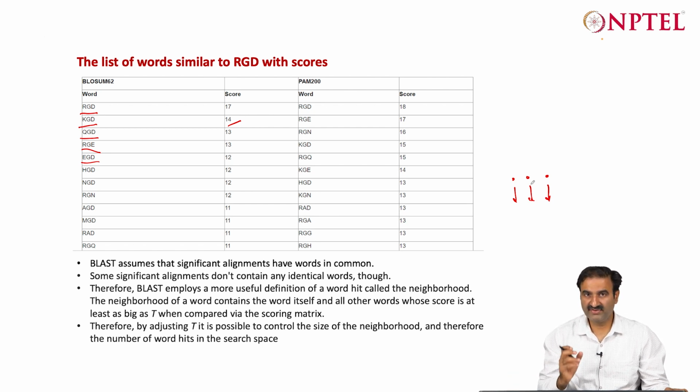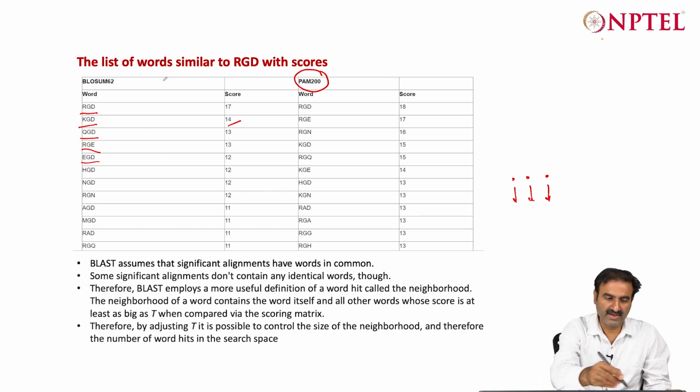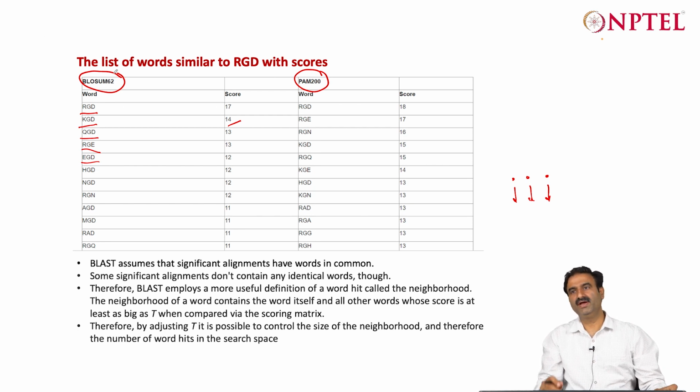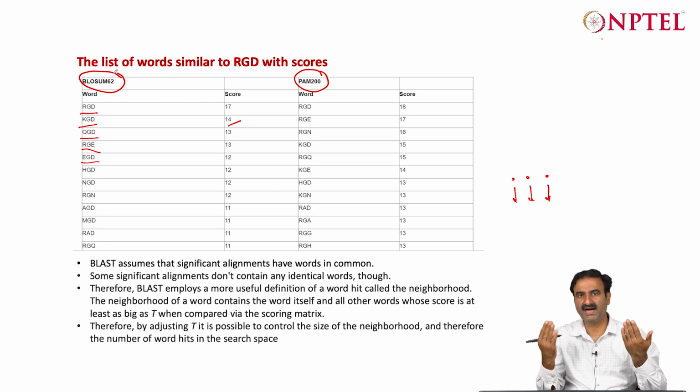Now what is the score thing? There are tables like PAM 200 and BLOSUM 62, which are scoring matrices, where a score is written, like if I replace K by R in a protein, what is the match or mismatch score? If I replace K with D in that protein, what is the resultant score? But if K is retained as K, what is the resultant score?